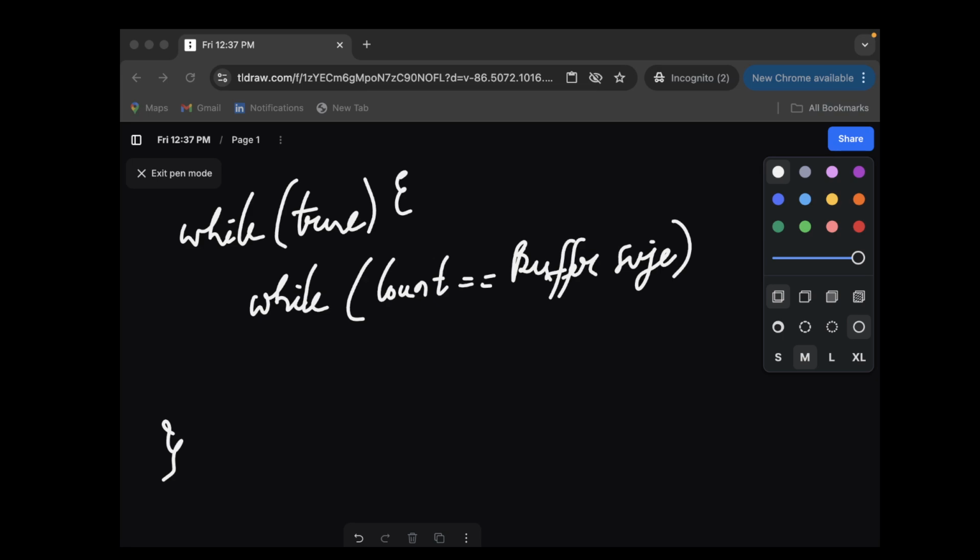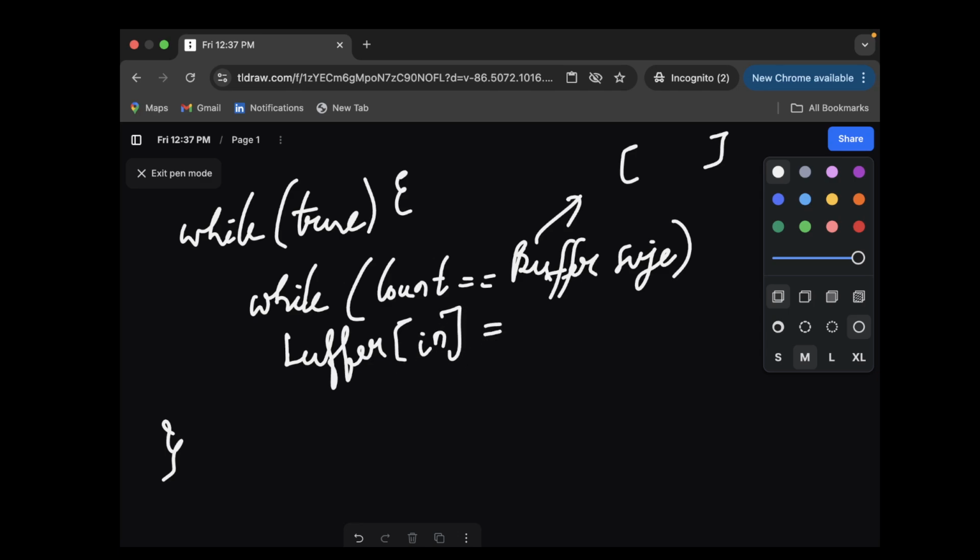I have a producer function, and both the producer and the consumer are going to write to a common buffer. This buffer is basically an array, right? Then I'm going to say at the index of the array is where I'm going to put my next produced item, right?